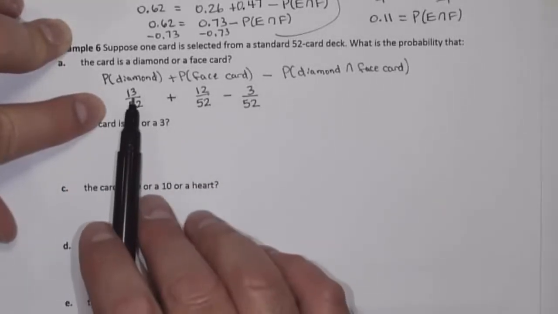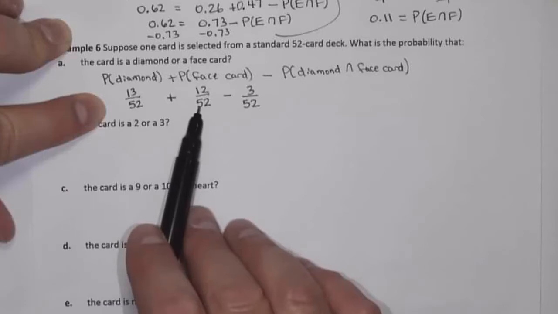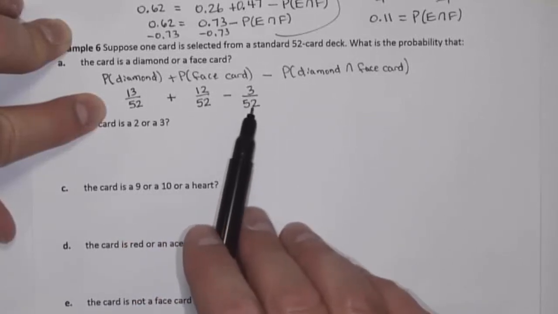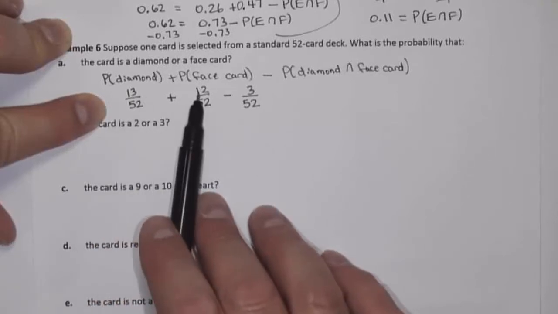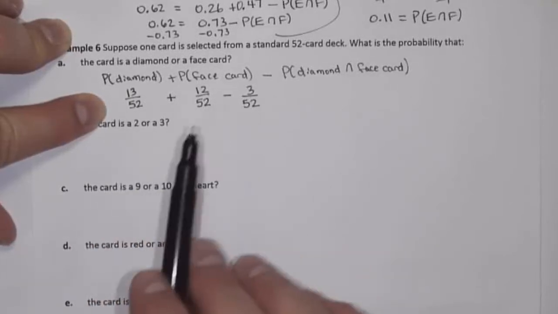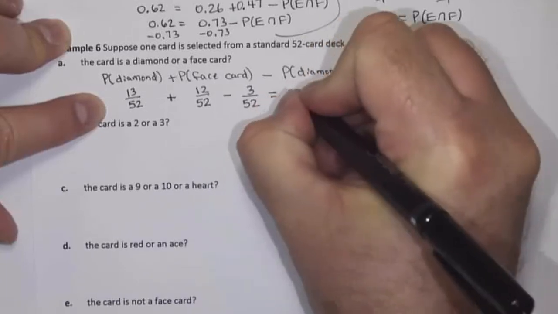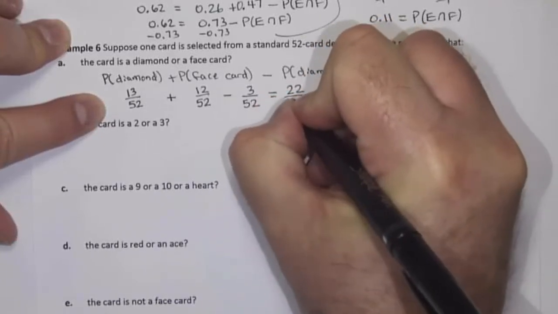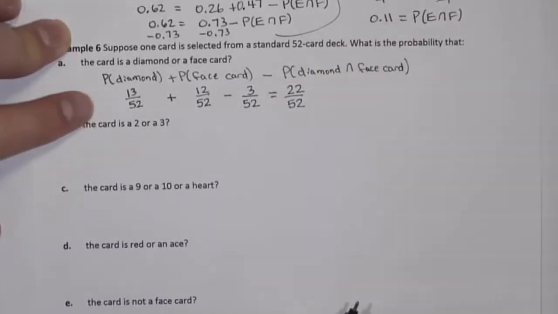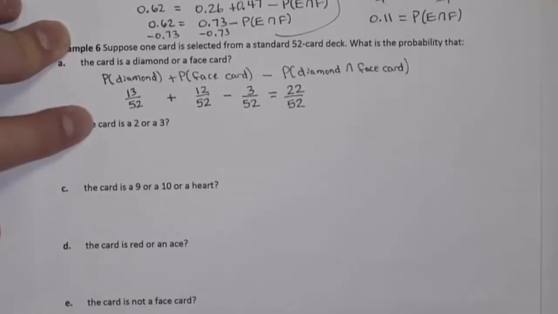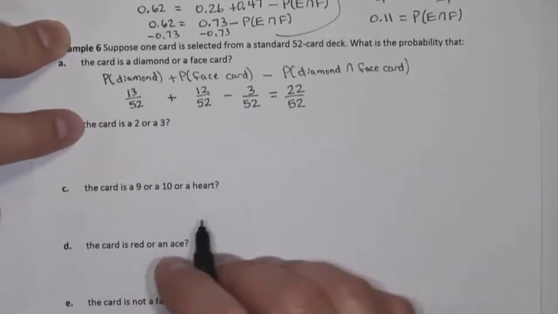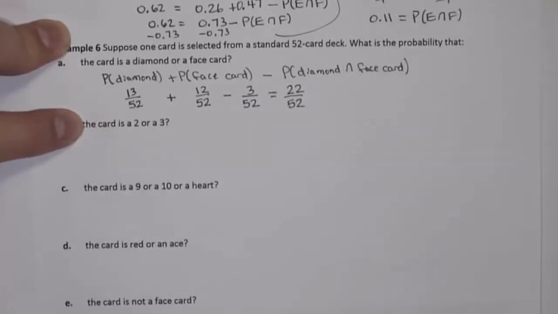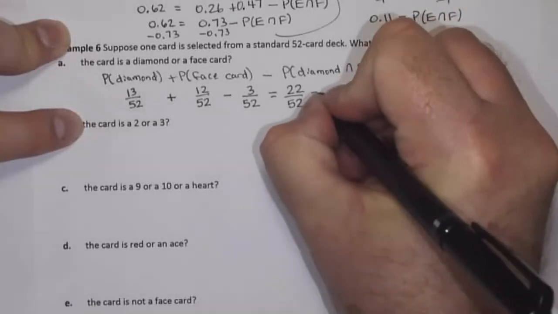So if we do this, 13 out of 52 plus 12 out of 52 minus 3 out of 52, well, we can just add the numerators. 13 plus 12 is 25, and 25 minus 3 is 22, so that would be 22 out of 52. The probability that the card is a diamond or a face card, or both, is 22 out of 52. Now we can simplify that. 22 and 52 can both be divided by 2.